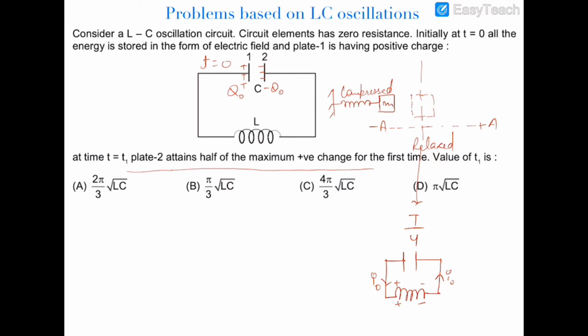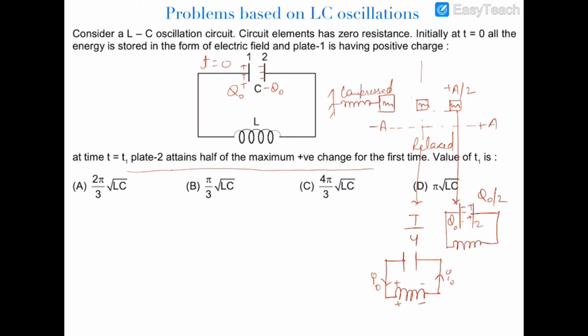I am drawing the block again, very small. We have to find the time in which the block will reach A by 2, because if the block is at plus A by 2 starting from minus A by 2, it means that the capacitor will again be charged by the inductor, and the polarity on the capacitor would be inverted, with the charge on plate 2 being Q0 by 2.